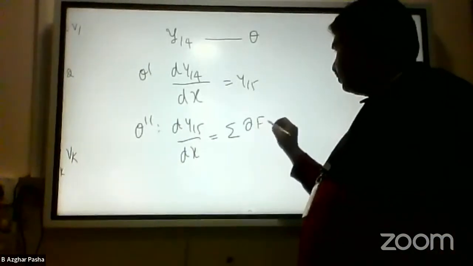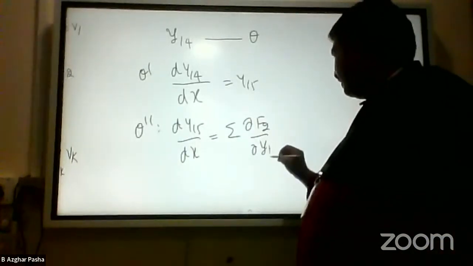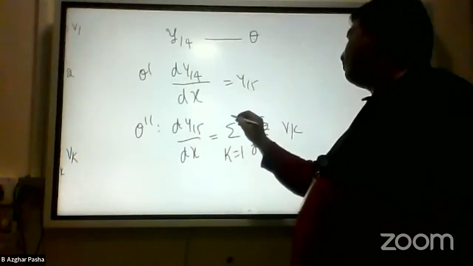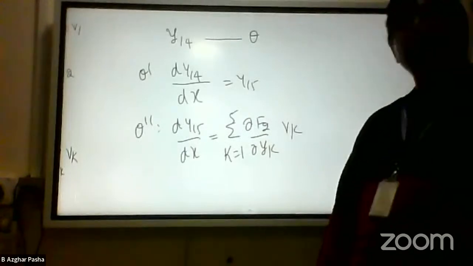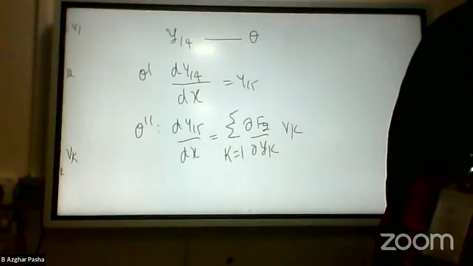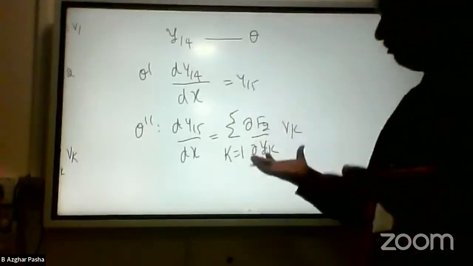It is the summation dou F2 by dou Yk into Vk, where K varies from 1 to 5. The program remains the same.